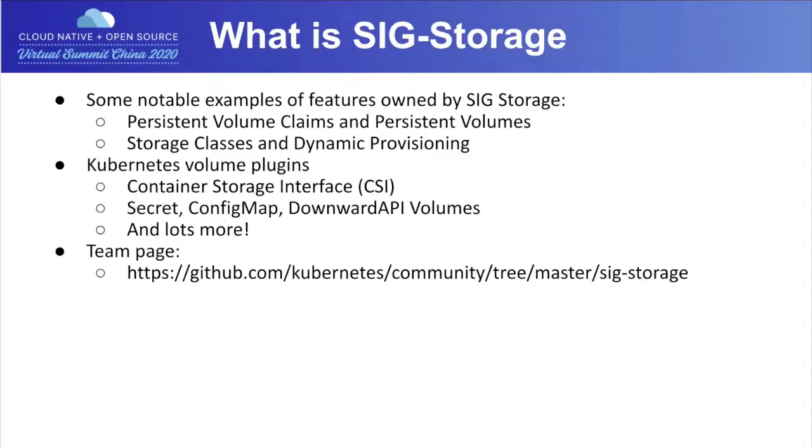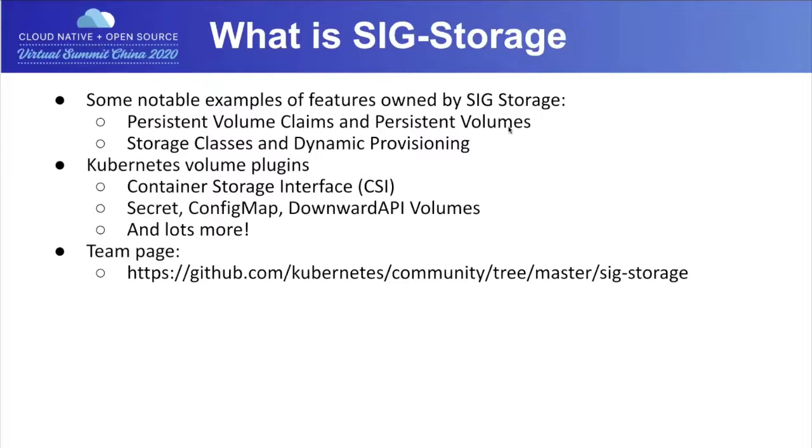CSI is supported by multiple container orchestration systems and storage vendors. It is designed to be vendor neutral, interoperable, and has a focus on specification. It defines a set of storage interfaces so that a storage vendor can write one plugin and have it work across a range of container orchestration systems.